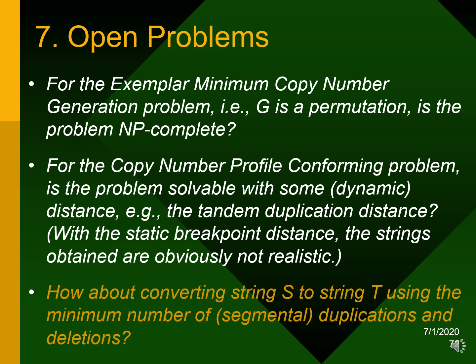Remember that in this case, it is always possible to convert S to T. But if we want to minimize the number of operations, in this case duplications and deletions, then we don't know the complexity.